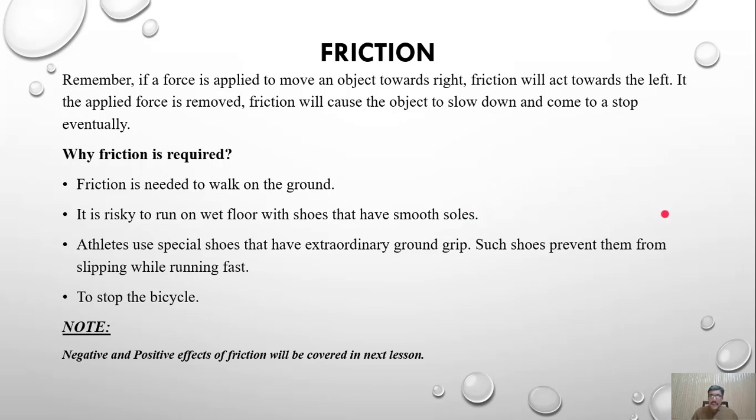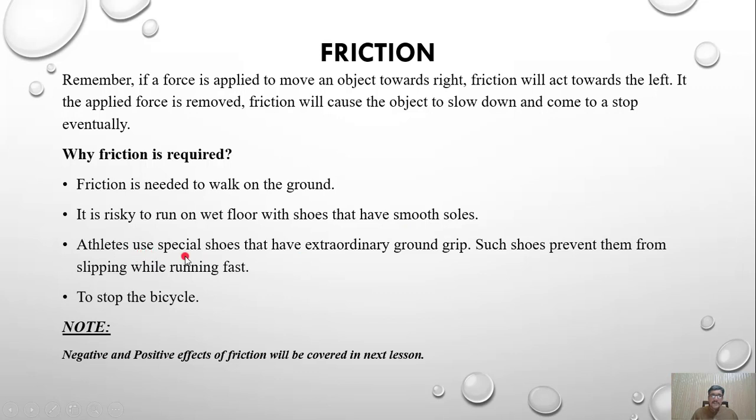If grooves are more, the grip of the shoe with the ground is stronger, because friction is more. If the sole is just smooth, with no grooves, it will be slippery, and you will be unable to walk even on a dry floor. So friction must be there.